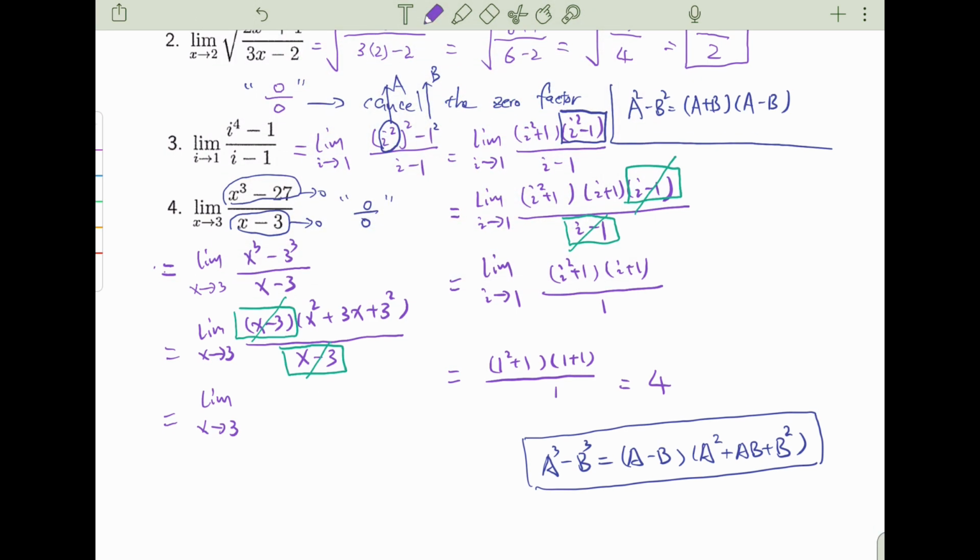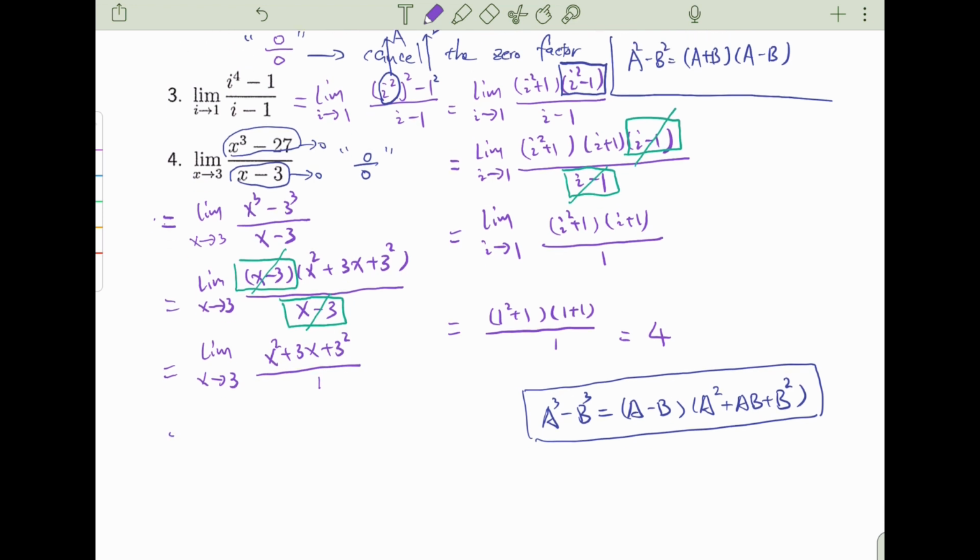And I'm left with x squared plus 3x plus 3 squared divided by 1. Now I no longer have 0 factors, so I can plug in x equal to 3 in the expression. So I have 3 squared plus 3 times 3 plus 3 squared divided by 1, right?